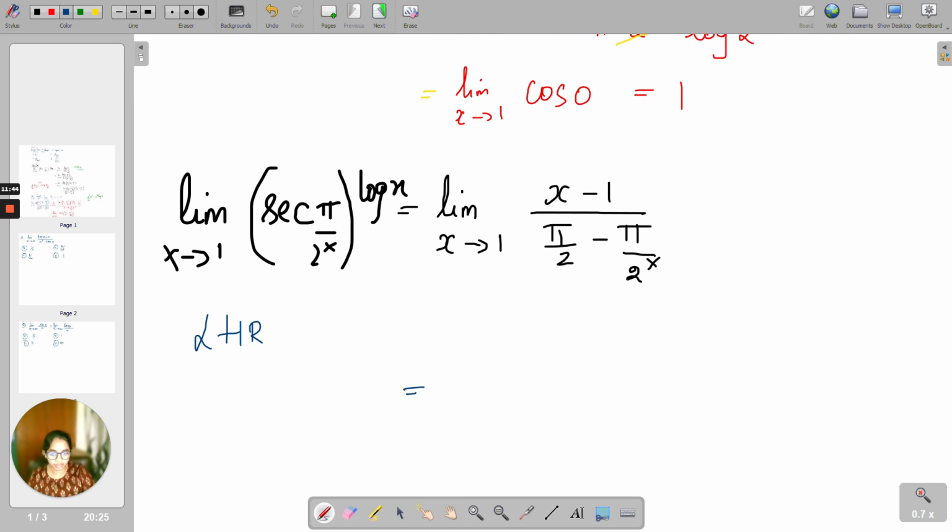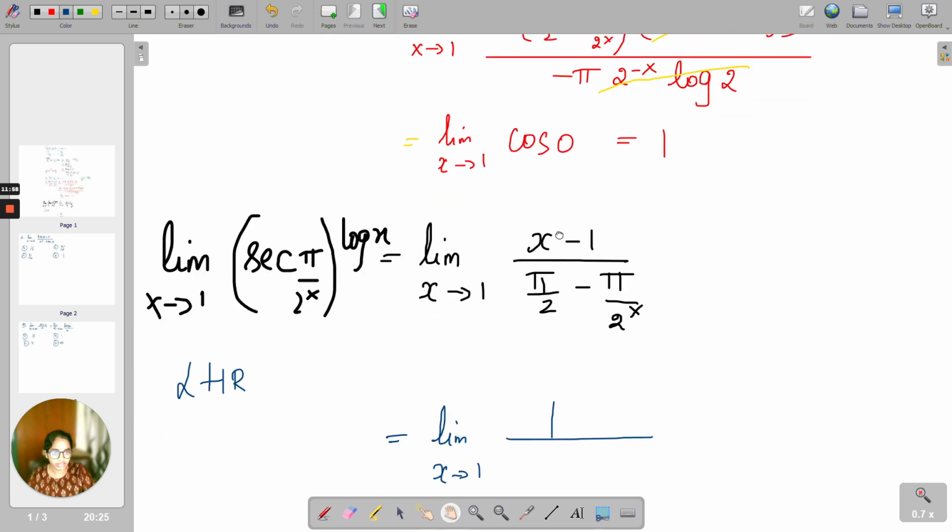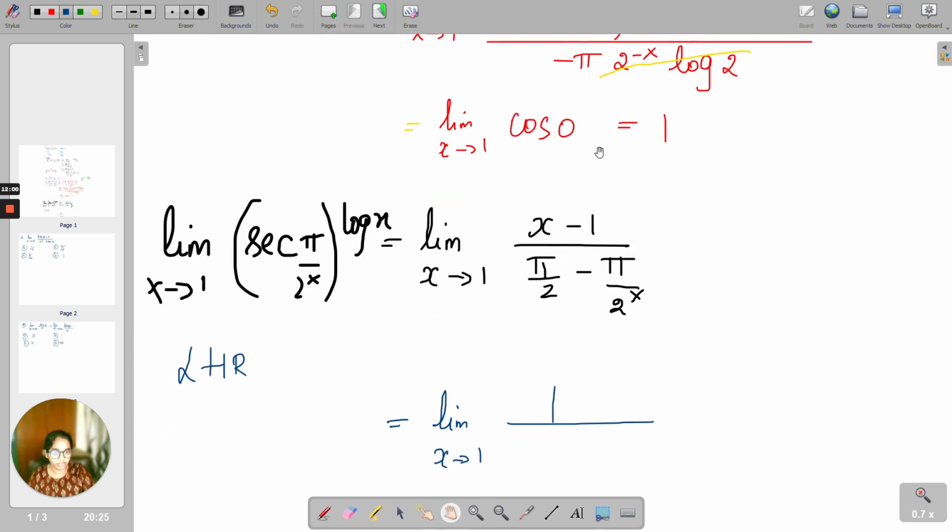That is limit x tending to 1. I would get 1 here, divided by differentiation of pi by 2, which is 0, minus, what is the formula for a power x?